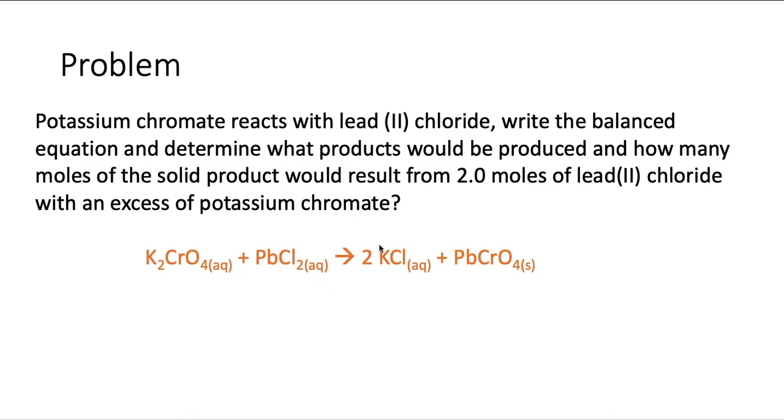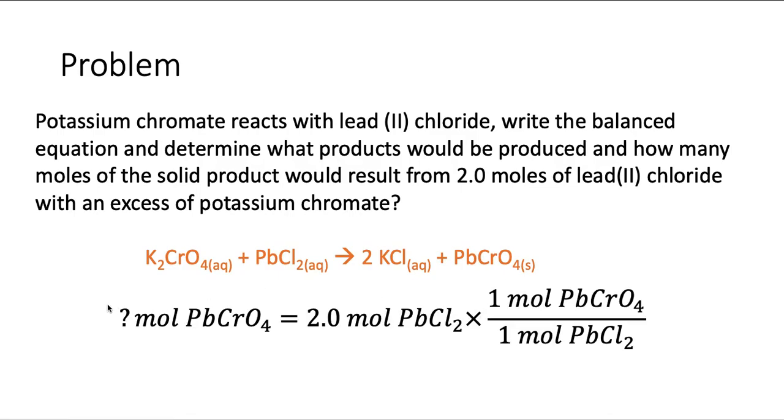And I know that KCl is in aqueous solution because anything with potassium and chlorine is soluble, but lead 2 chromate isn't. That's my solid compound. Basically, it's asking me, if I have 2 moles of lead 2 chloride, how many moles of lead 2 chromate will I make? Well, this is how I set it up.